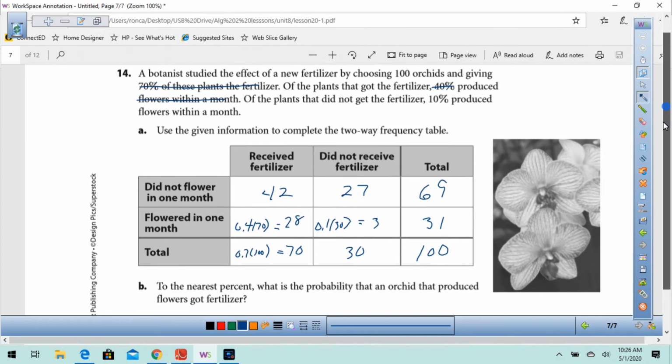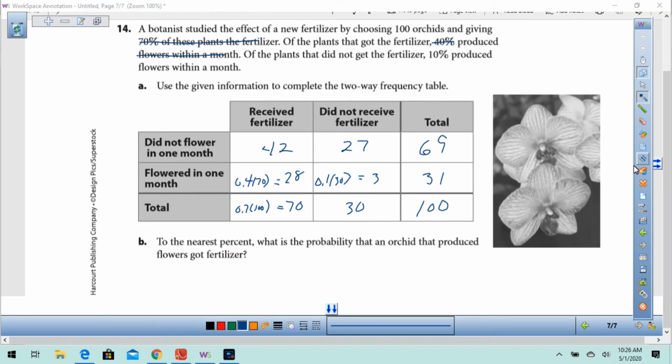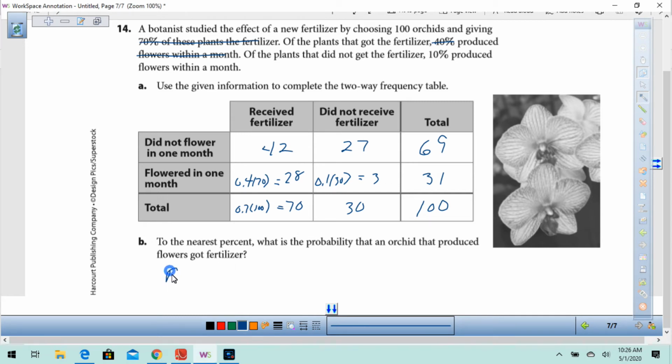And let's see, can we see? Yeah, we can see all of B. To the nearest percent, what is the probability that an orchid that produced flowers got fertilizer?